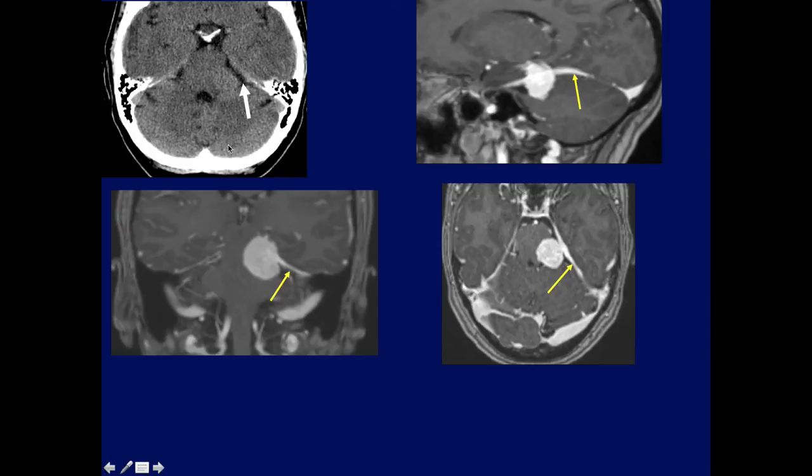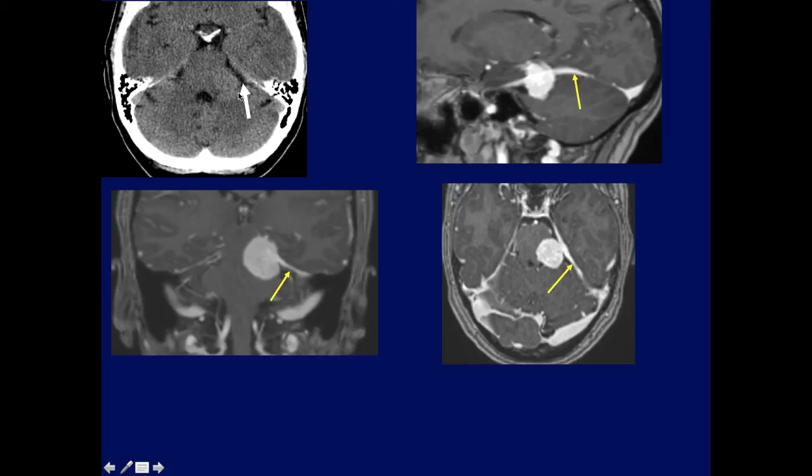I want to point out on this CT a very important sign that I like to use, and that is the widening. Notice the widening of the CSF space there.